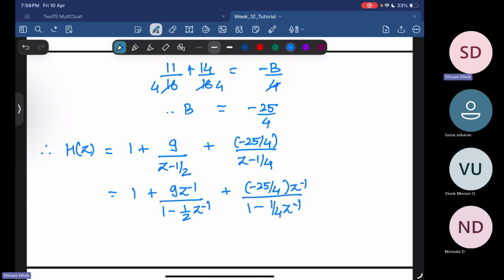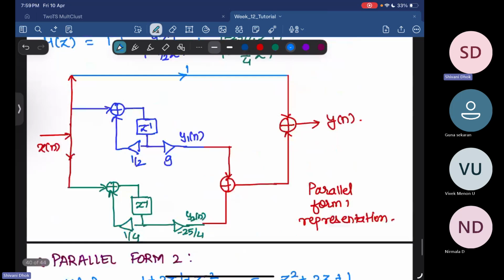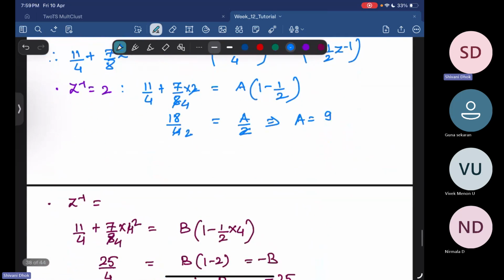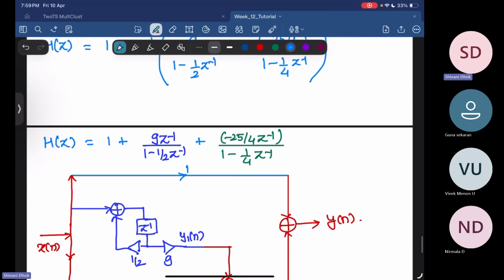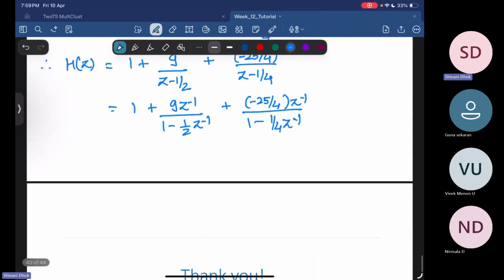Now if you compare this equation with the equation that we saw in the first parallel form, both of them are the same. So I'll just number these as 1 and 2.